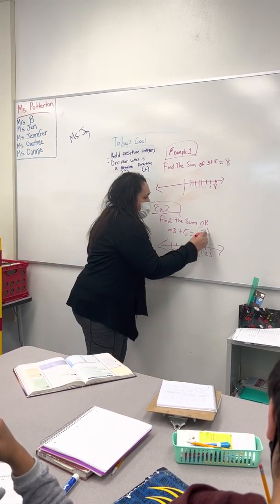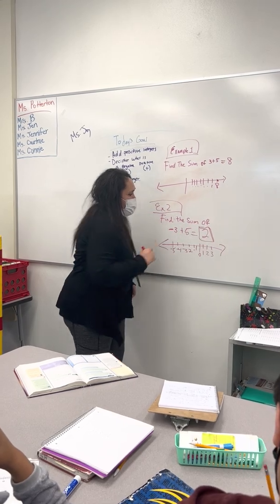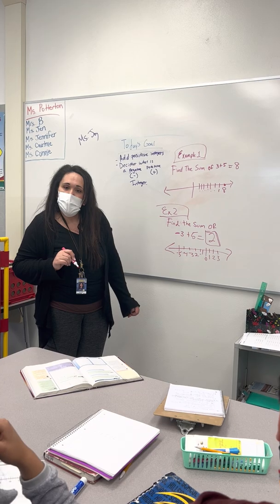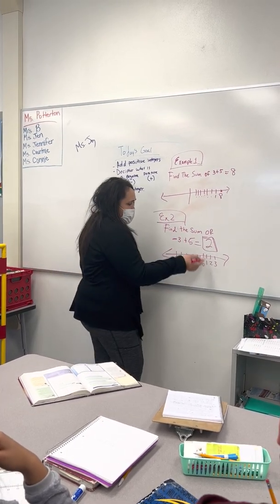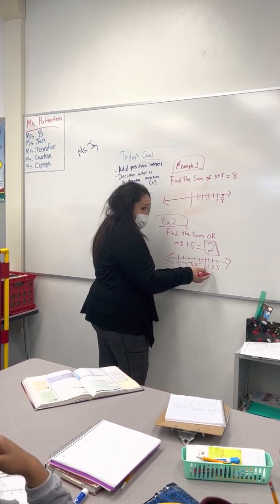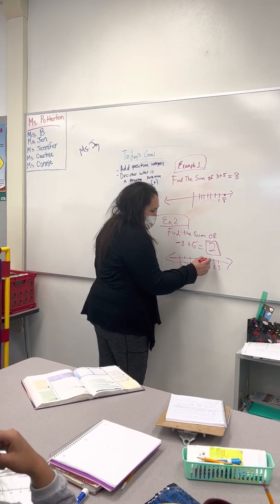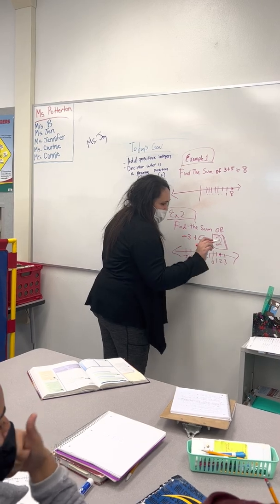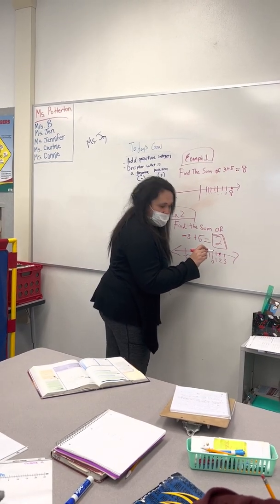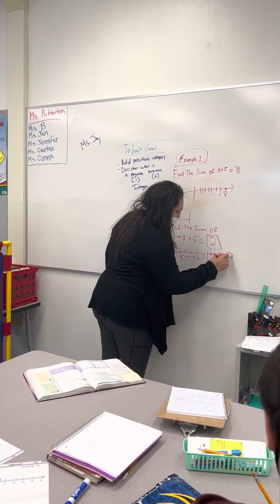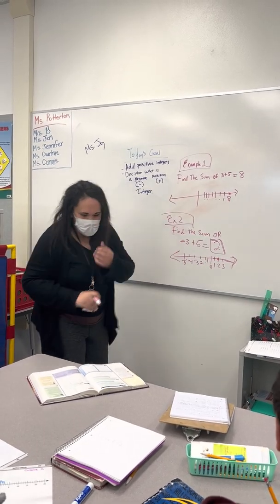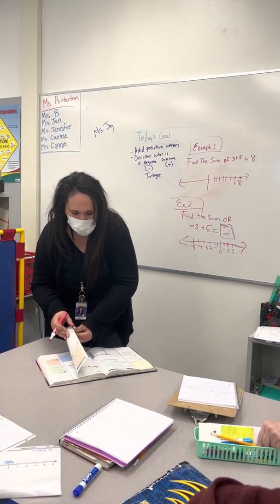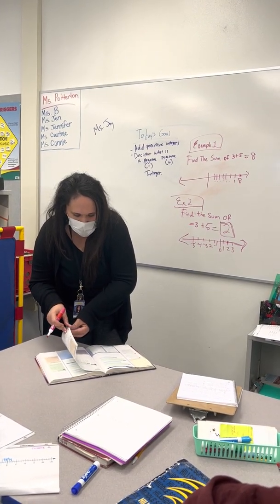Positive. Okay, so where would I graph it, negative 2 or positive? Positive. It would be right here, right, Giselle? So it would be to the left. Alright. One more, then I'm gonna have you guys do some practice on the board, okay?